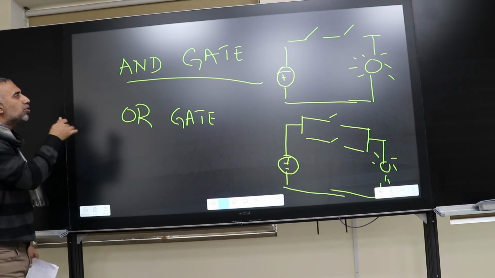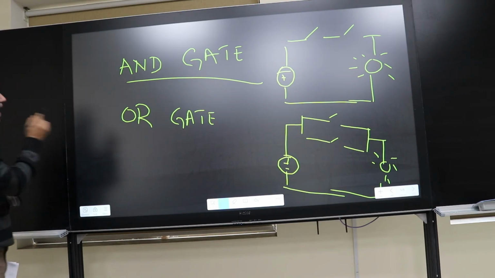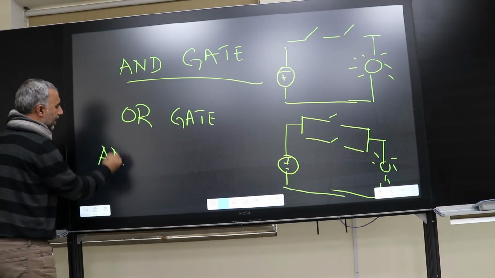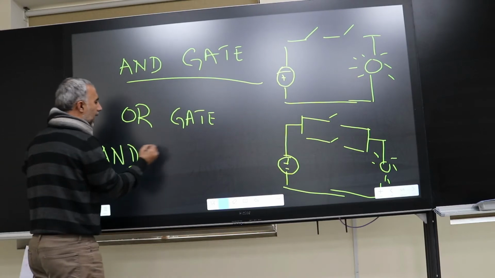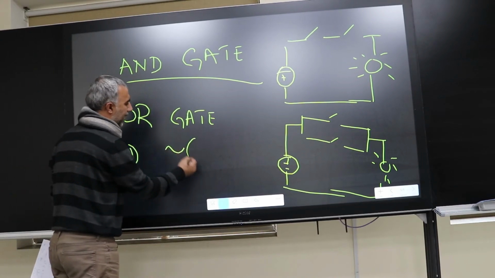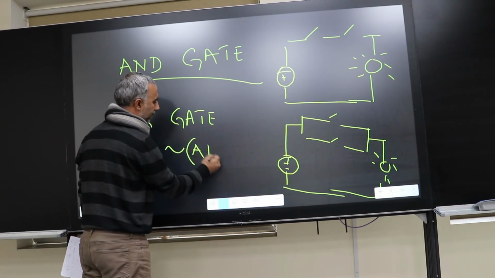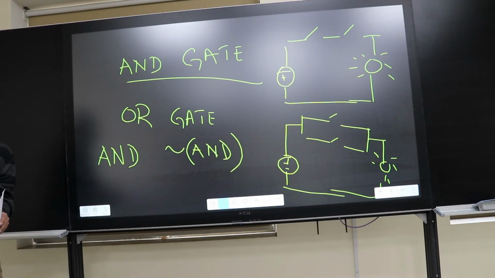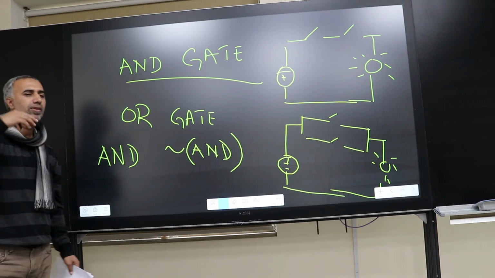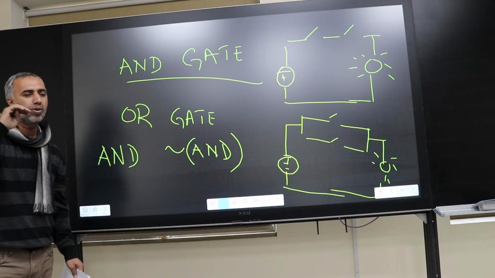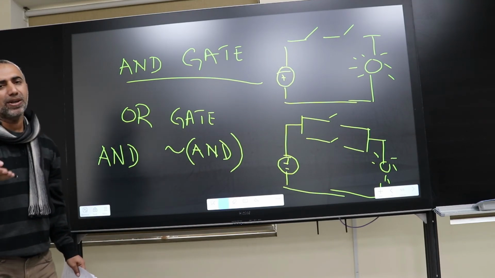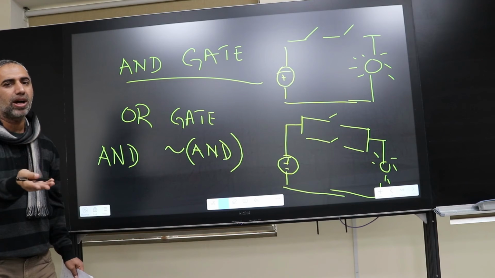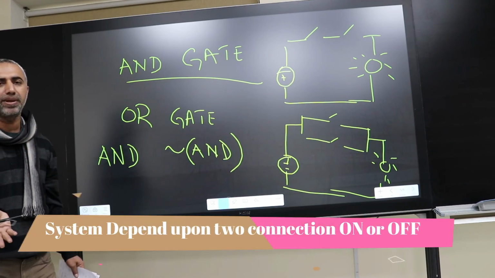Sometimes we need to utilize the combination of AND along with negation of AND gate, so that we should do this task or we should not do this task. For example, if a robot needs to decide whether to launch a missile or not depending upon certain parameters.